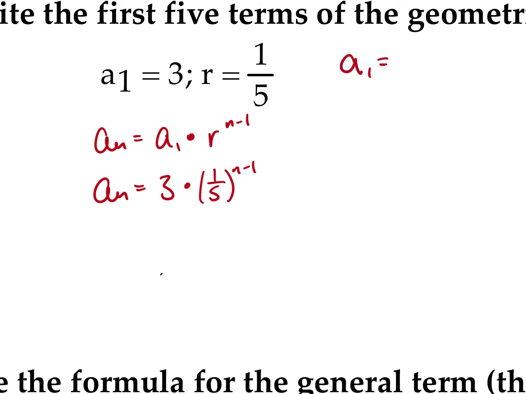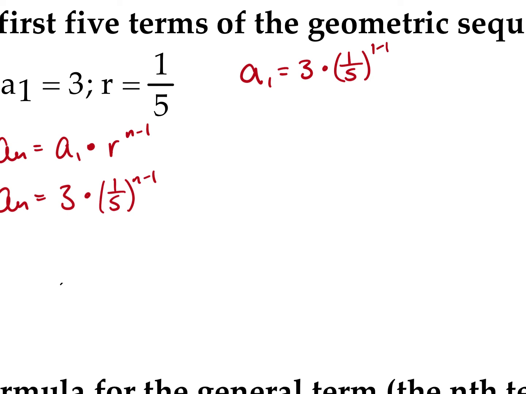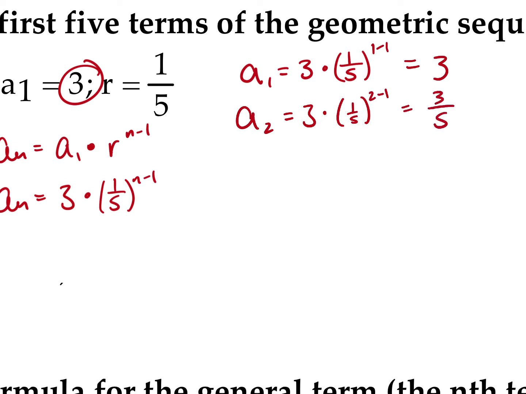So a sub 1 would be 3 times 1/5 to the power of 1 minus 1, which would be 3. It's given to us here, but we can find it that way. A sub 2, we plug in 2, so 3 times 1/5 to the power of 2 minus 1. So this would be 3 over 5.